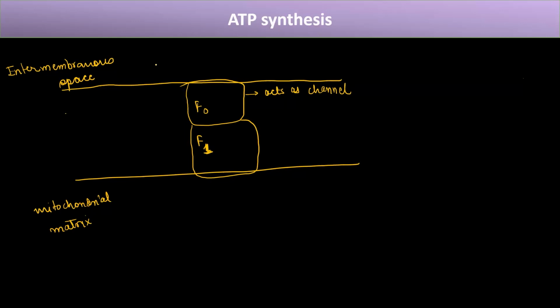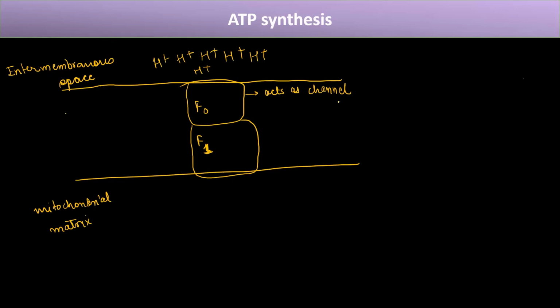So now we have accumulation of hydrogen ions here. The hydrogen ion is accumulated here because the electron transportation was taking place across the electron transport system from NADH and FADH2, and that leads to the pumping of hydrogen ion to this space. So now what happens?